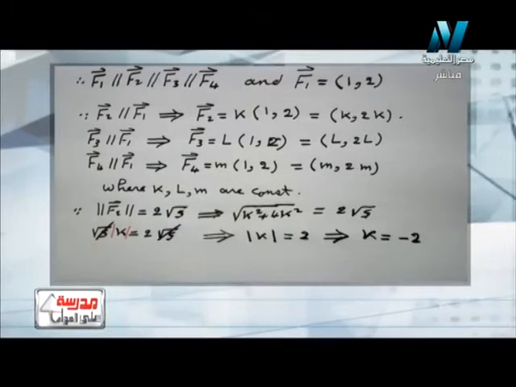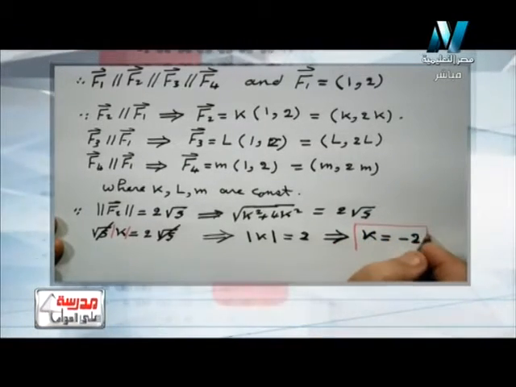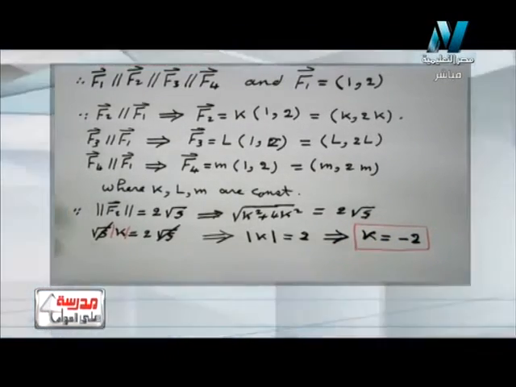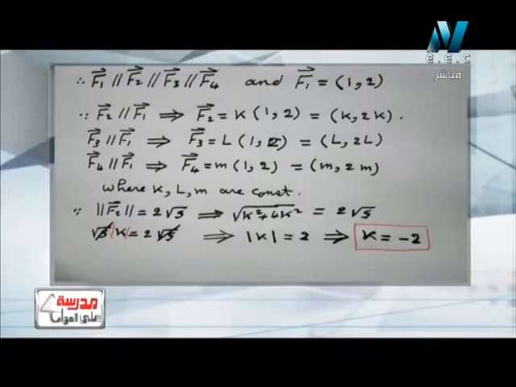ها يا ولادي عايزكم تبقوا متابعين معايا قوي. طبعا السؤال دلوقتي اللي ممكن اتوقع ان طالب يسالني why you put that K equal negative 2? Because in the example he says that F2 is in opposite direction with F1.